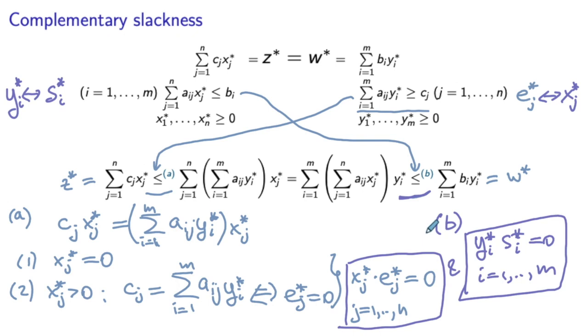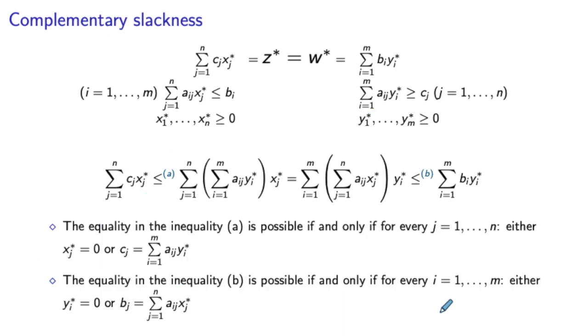So a feasible x star and the feasible y star will be optimal for their respective problems if and only if these complementary slackness conditions are satisfied. Okay, so we obtained the optimality condition for our linear program. It's an if and only if condition. So here is the summary again.